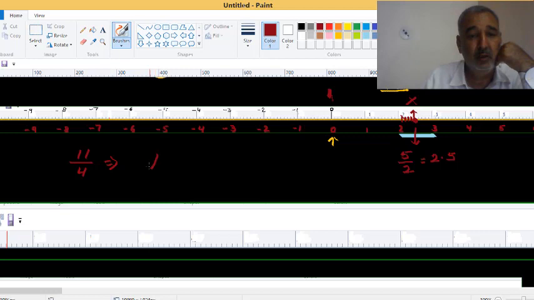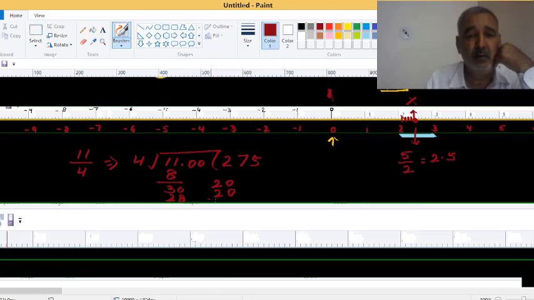First of all, I have to convert 11 upon 4 into decimal representation. 4 twos are 8, remainder is 3. Take one place of decimal. 4 sevens are 28. I'm taking some space here. Take one more decimal. 4 fives are 20, and your decimal expansion will terminate after 2 places of decimal.